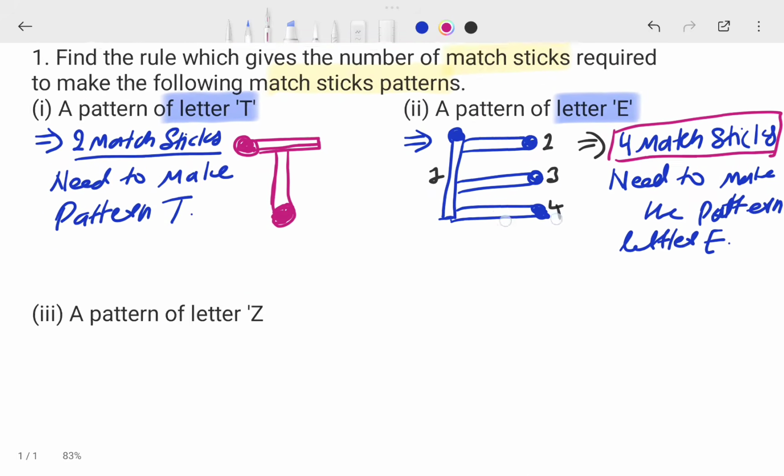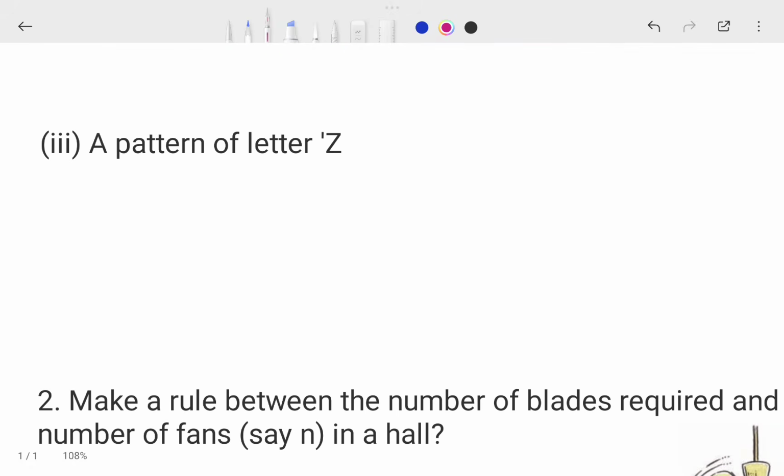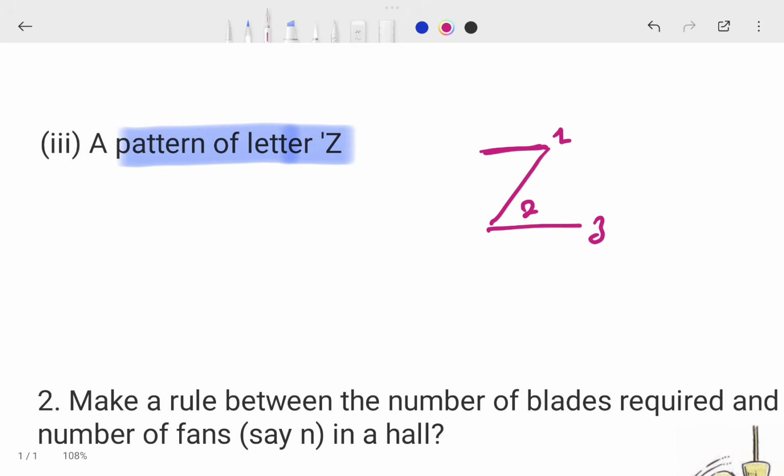Right, is it clear? So let's talk about the third question. The third question is about the pattern of the letter Z. If you want to draw Z using matchsticks, how many matchsticks do you need? This is one line, this is another line, this is a third.